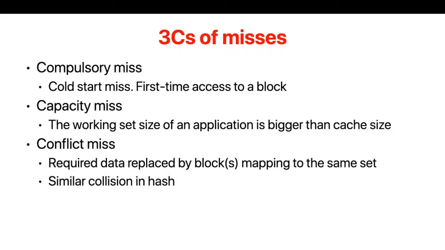The first type of miss is compulsory miss, which means that whenever you start a program from scratch, there is nothing in the cache in the very beginning, so there must be some misses. The second type of miss is called capacity miss. It means that the access pattern needs such a large amount of data that we could never put it all together in a short period of time.